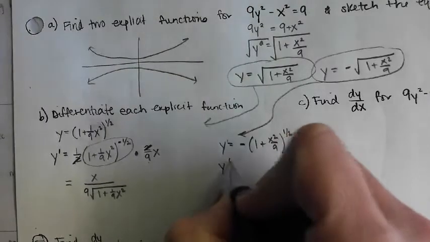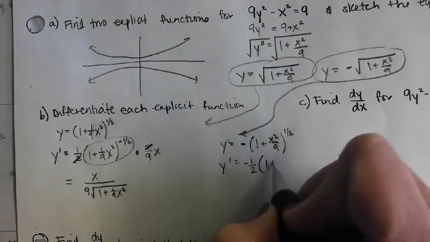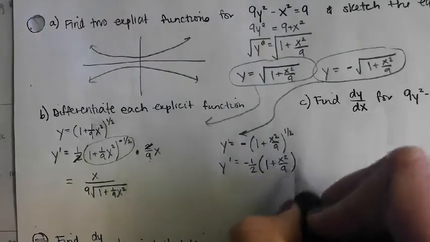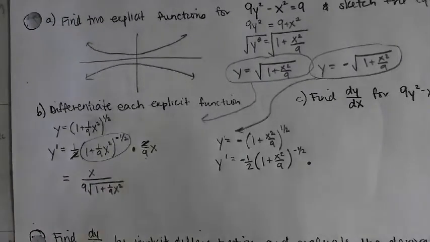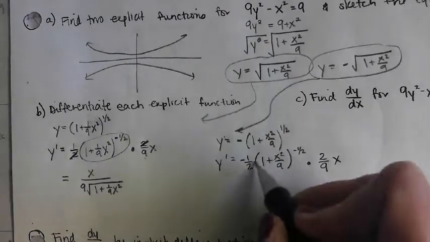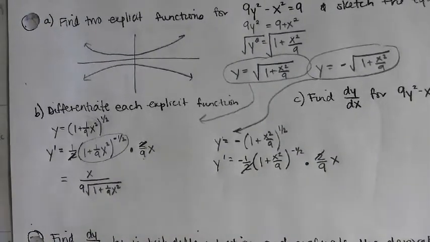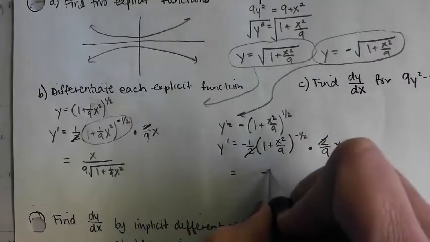So again, with the derivative, power rule first, negative 1/2 in front of the parentheses, being raised to the negative 1/2 power, times the derivative of what's inside will be 2/9 x again. Again, your twos will cancel, and then you see it unfold the same way, except for there's just a negative in front.